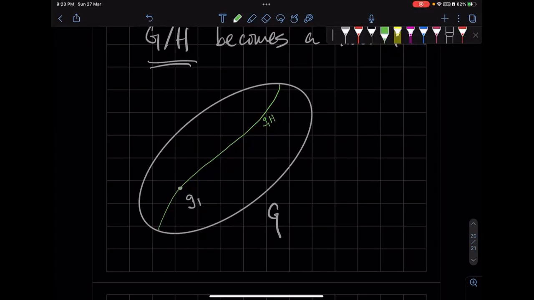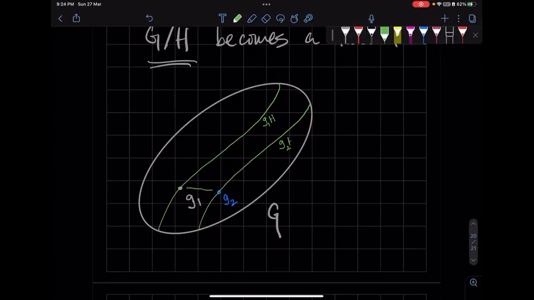Now, if I take another element, say G2, then I would get another orbit. So now if G1 and G2 are close by, so there's a notion of distance between G1 and G2, right? Now, what I'm saying is let me just extend this notion for all the points on this orbit.